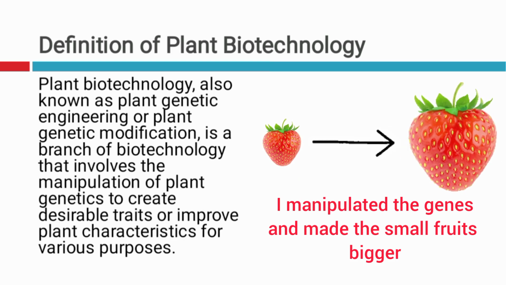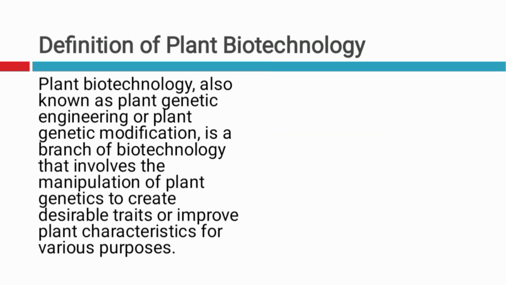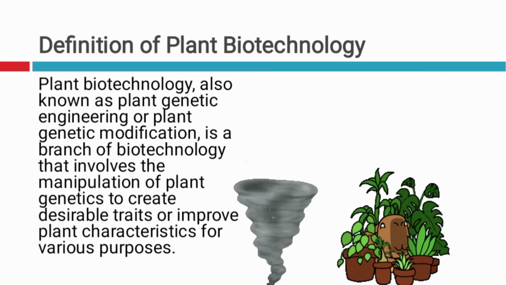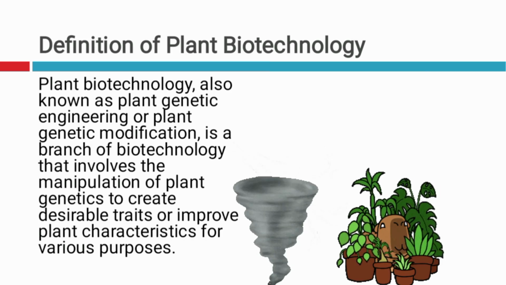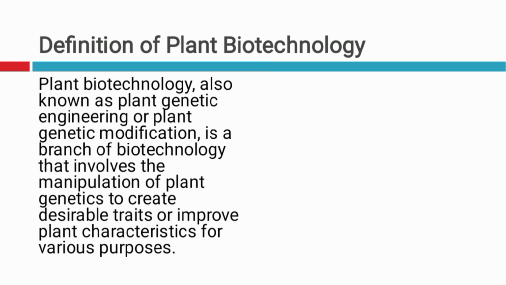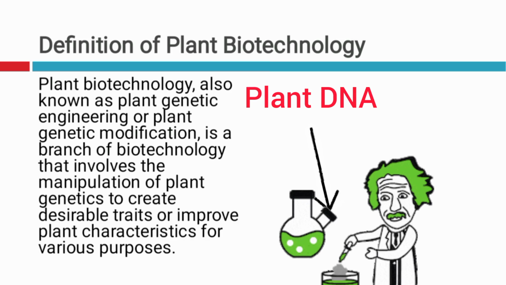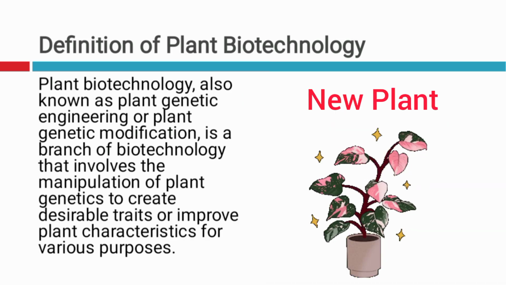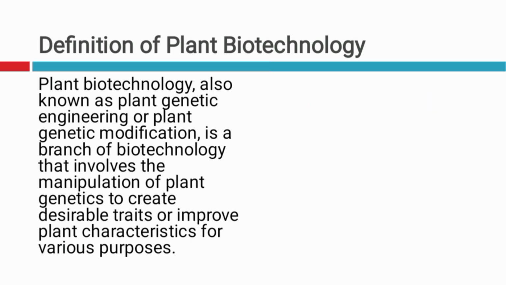If I want my plant or my crop to be resistant to diseases or to environmental stress, I will manipulate the DNA to give me that result. So when scientists manipulate plants to produce desirable traits or results, it's called plant biotechnology.